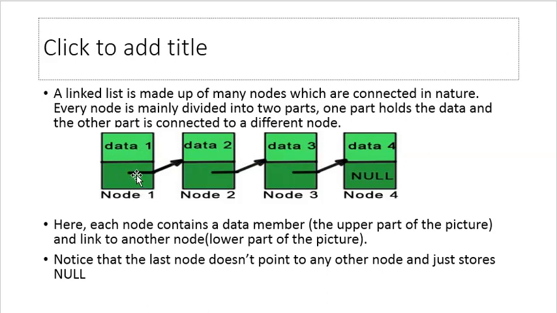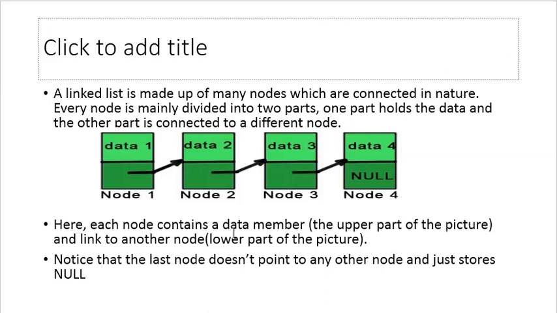This is the pointer part which is pointing to the next node. As node 1 is connected with node 2 through this pointer, node 2 is connected with node 3 with this pointer, and node 3 is connected with this pointer. As there is no other node after node 4, the pointer will be null for data 4.